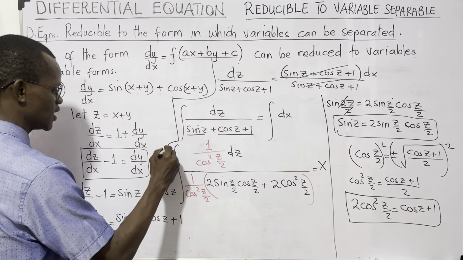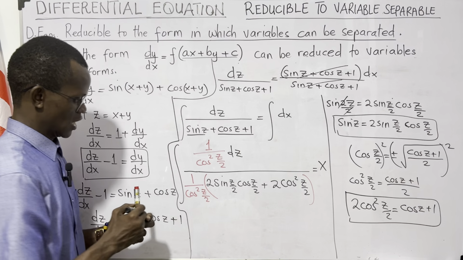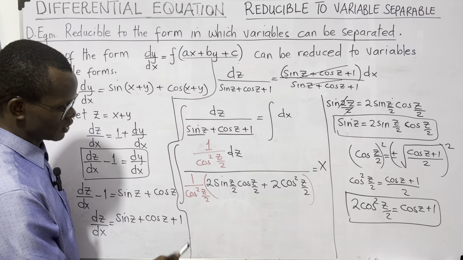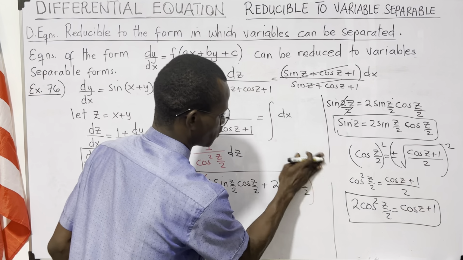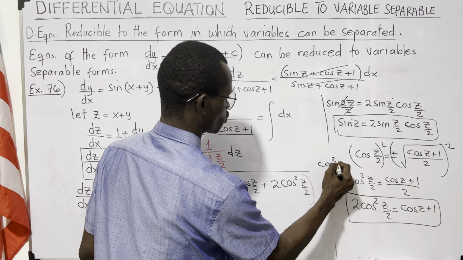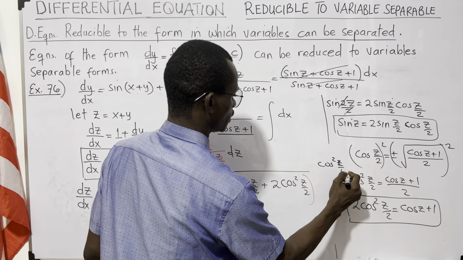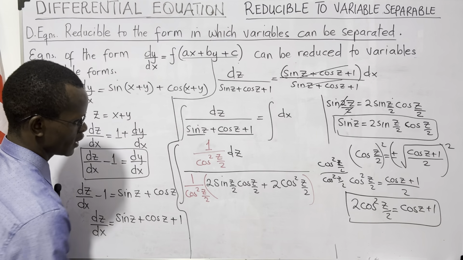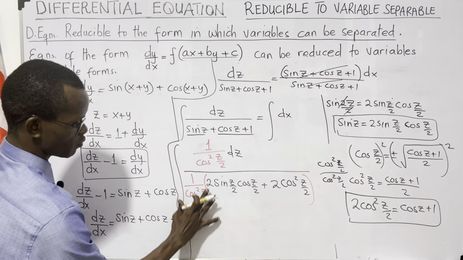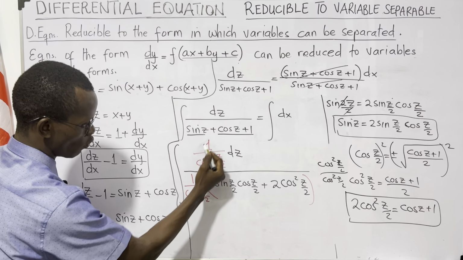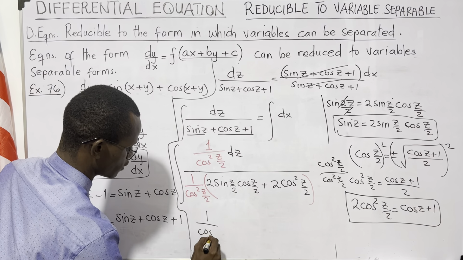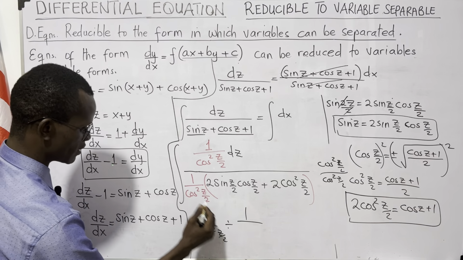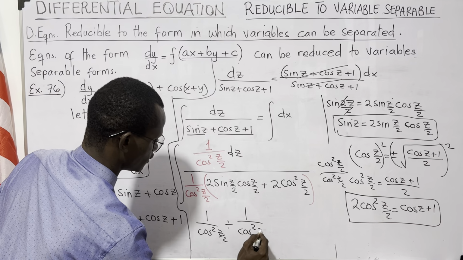And why are we doing this? We notice that if we rationalize cos square z over 2, now what do I mean by rationalize? This was what I did. Cos square z over 2 divided by cos square z over 2. So if you look there, this can be rewritten in this form. That is, let's prove it. 1 over cos square z over 2, divided by 1 over this, right?